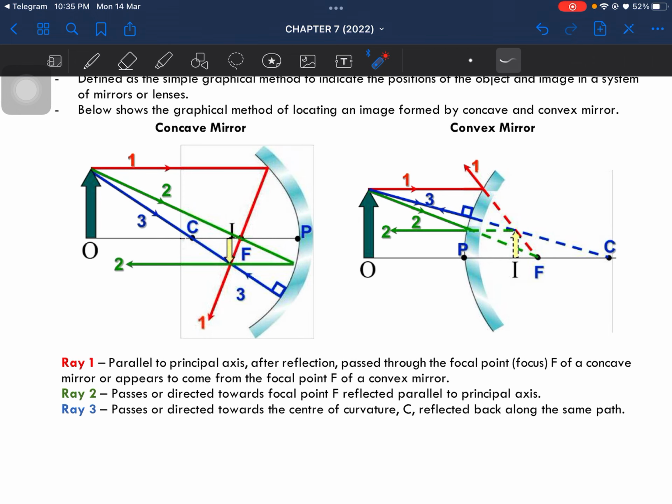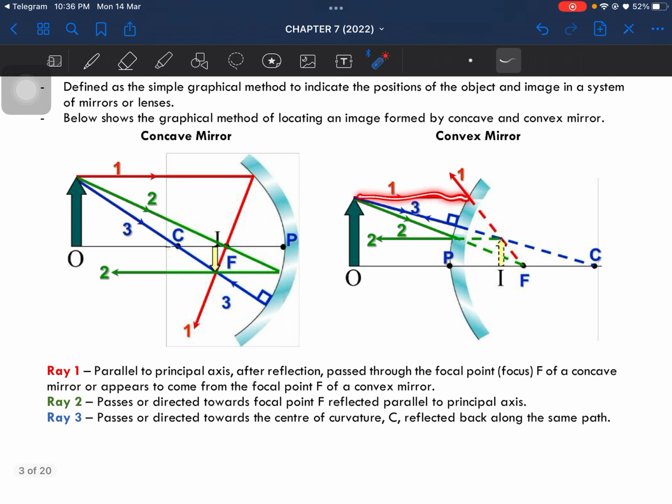Same thing goes for the convex mirror, but you will draw a dash line instead of a solid line to show that it is formed behind the mirror. So all this dash line is telling us that it is formed behind the mirror. It is being reflected like this through the focal point.